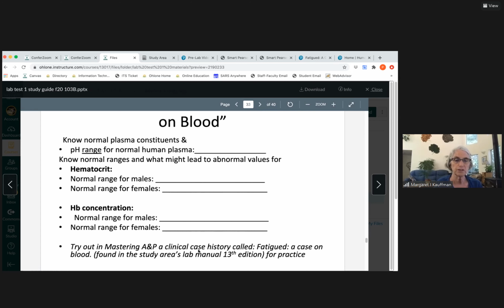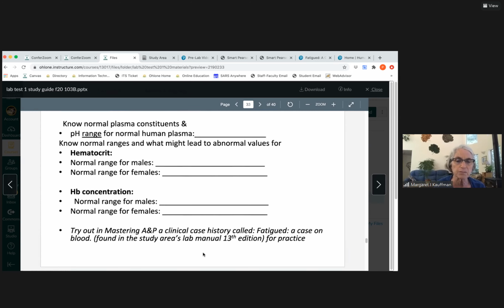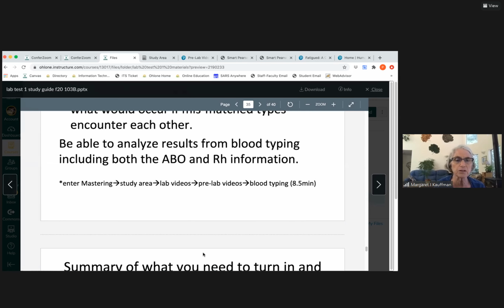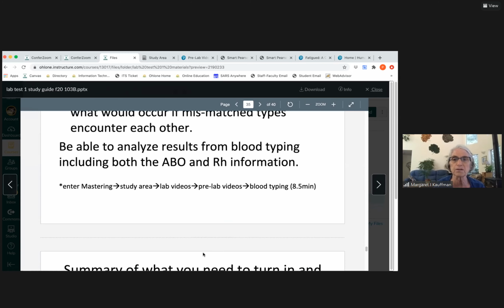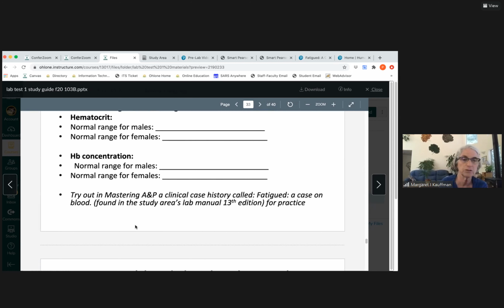So to go here, this case, I think I didn't do it here. I must have done it somewhere because I remember doing it, the little flow chart of how you get there. Now that's the blood typing one. Maybe I didn't do it for this one. But here what you would do is, and I can't type on it right now, you would go to the study guide area.